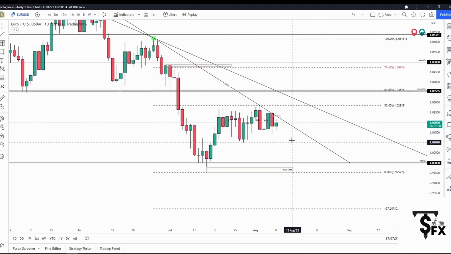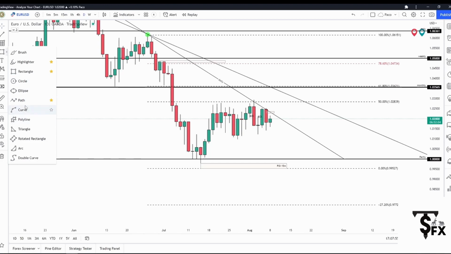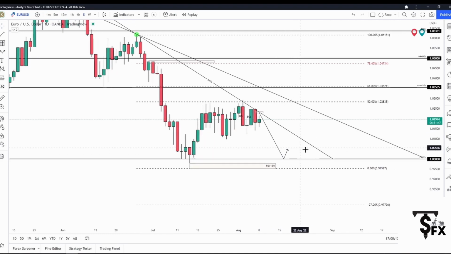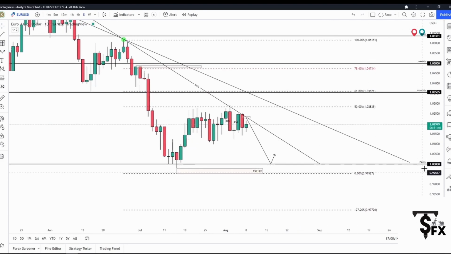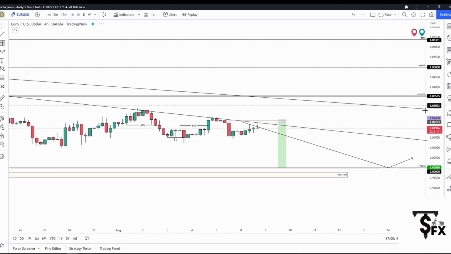What we expect for the next week, we expect the price to push back, to retrace from this trend line and to reach the parity again. From here we expect a retracement, or we can see this is the parity 1.00 on 4-hour time frame.